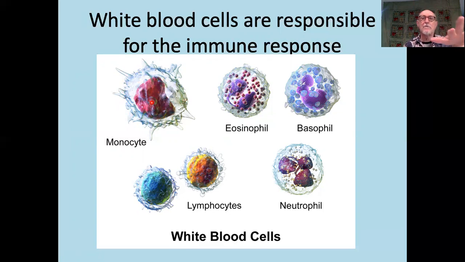It creeps around. They're motile, they can move, and they can creep between the cells of our tissues, and they wander around and around. What they're doing is they're looking for foreign invaders, especially bacteria. And they can pick up other things as well, but they're especially good at picking up bacteria.